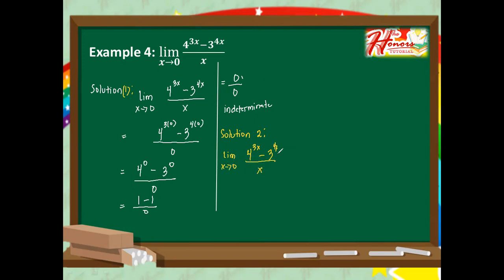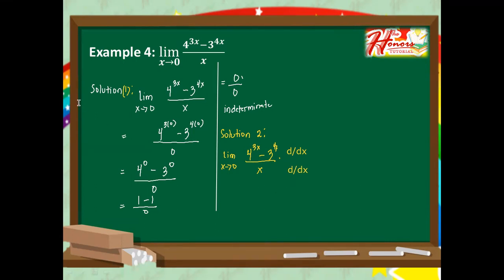Then we have to get its derivative. So this is times d over dx for the numerator and same for the denominator, d over dx. Okay.